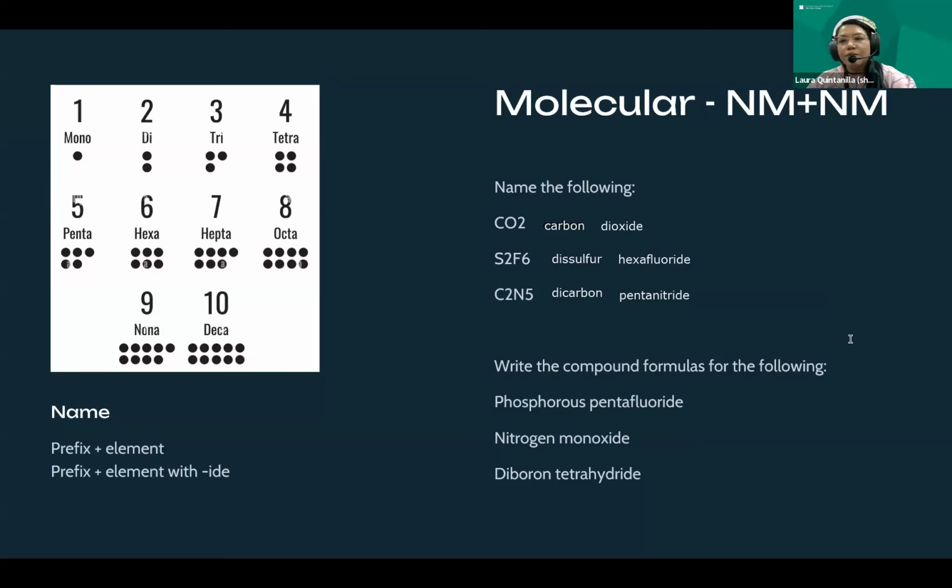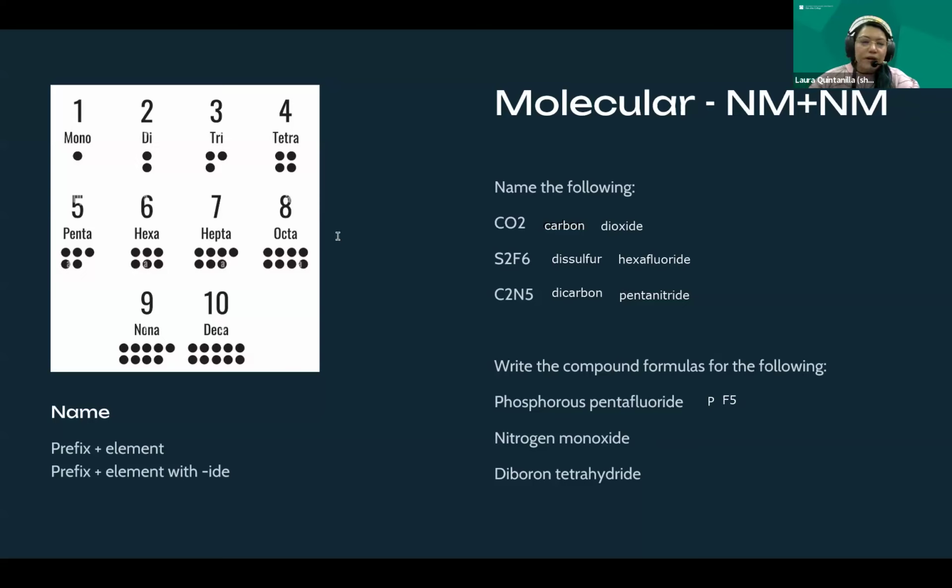With naming and writing compound formulas, you always want to go backwards and forwards. You want to go from the compound to the name, and then you want to be able to go from the name back to the compound formula. So that's what we're going to do here. Phosphorus is a P, and then pentafluoride. So we're looking at an F for fluorine, and penta was 5, so it's going to be PF5.